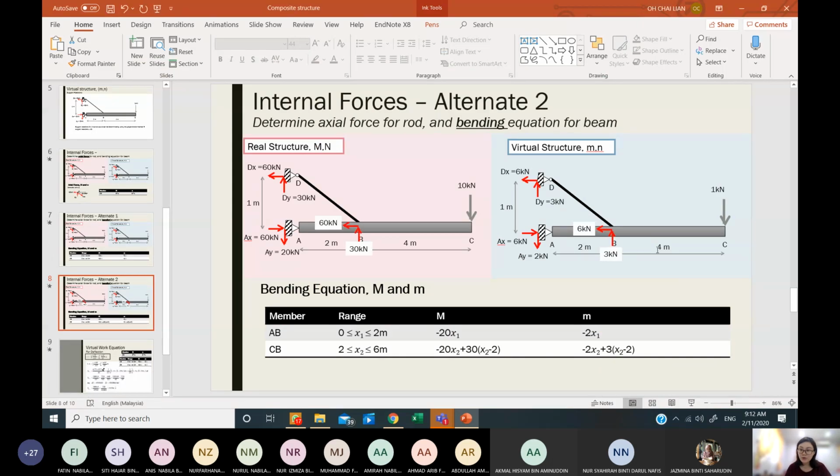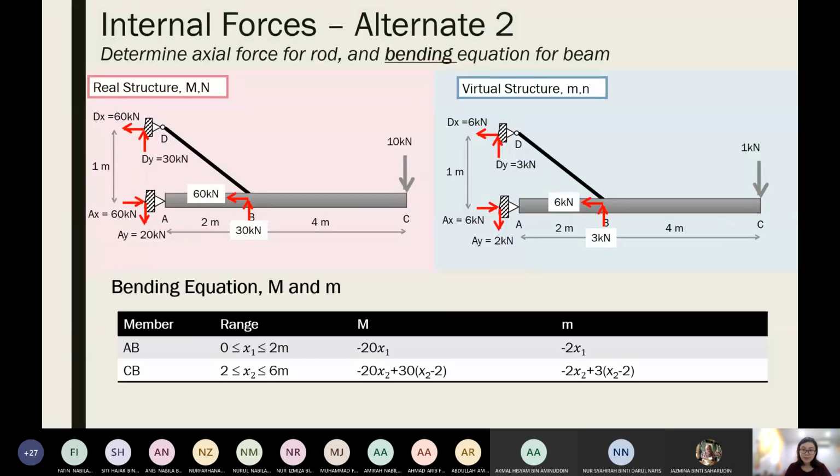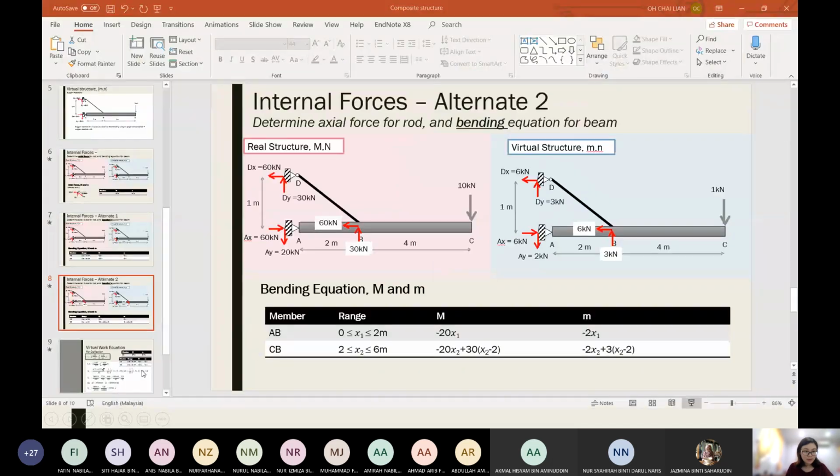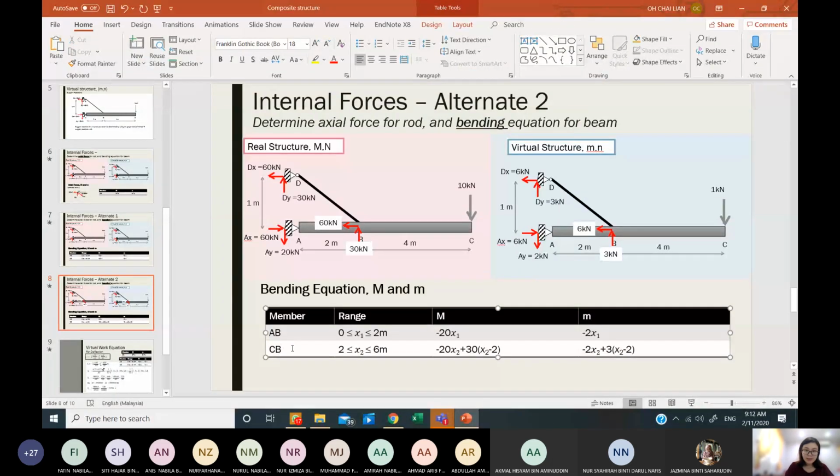So this is how you get your bending moment equations, but remember your range is also different. The range for CB, oops, I will name it BC right now.